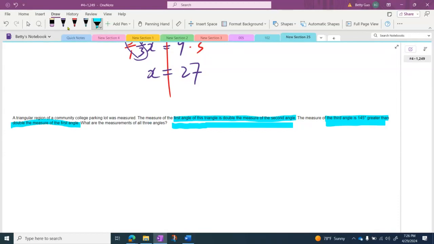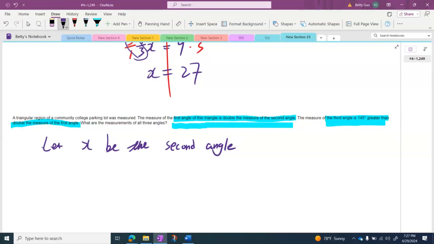So here we are going to let x be the measurement of the second angle, like how many degrees the second angle is.